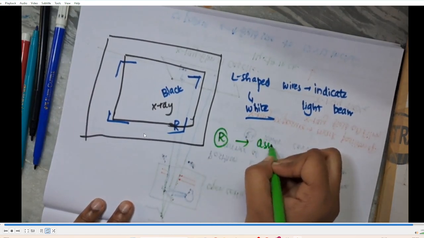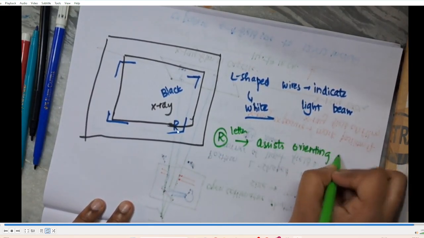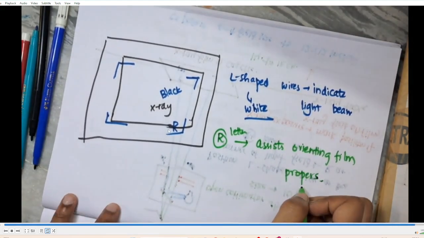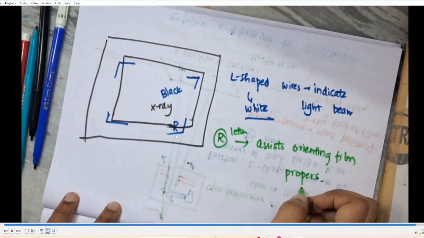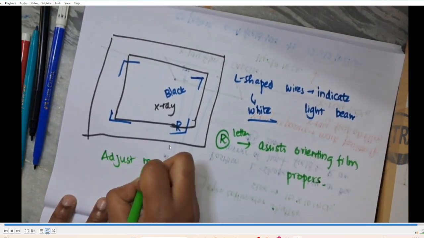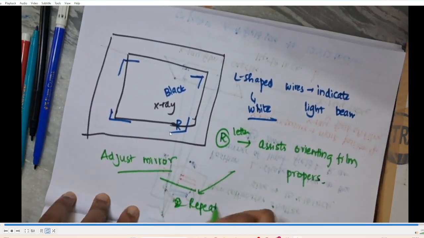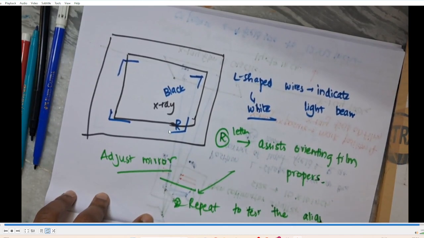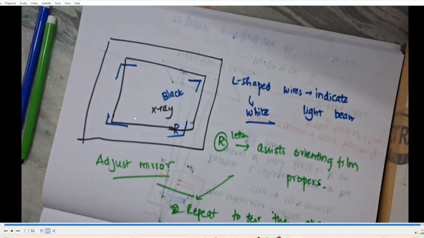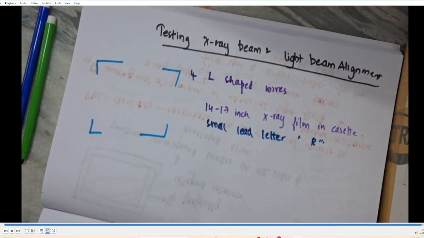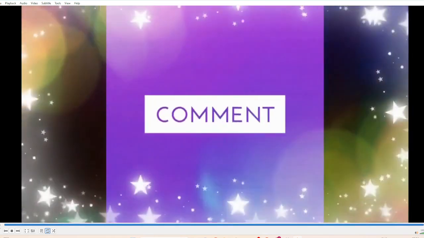So this is out of alignment. The R letter assists in orienting the film properly. Now, with the help of the R, adjust the mirror and repeat the test to check the alignment again.